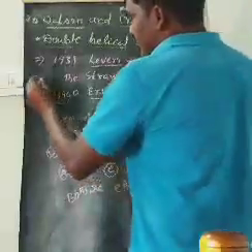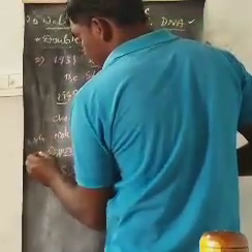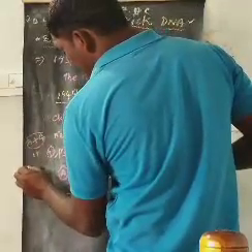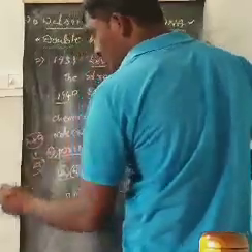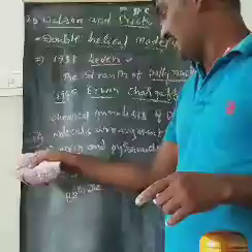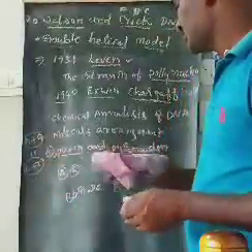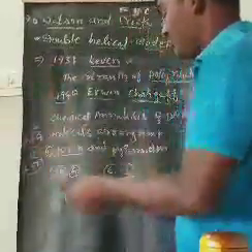For example, purines A plus G equal to C plus T. Adenine plus guanine is equal to cytosine plus thymine. This was first identified by Erwin Chargaff.